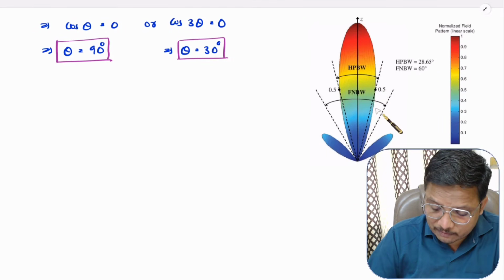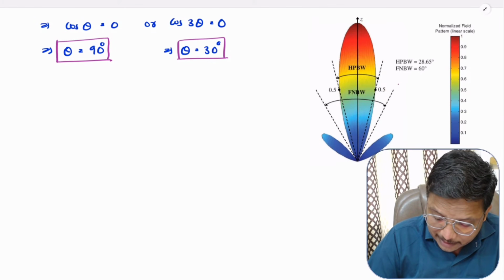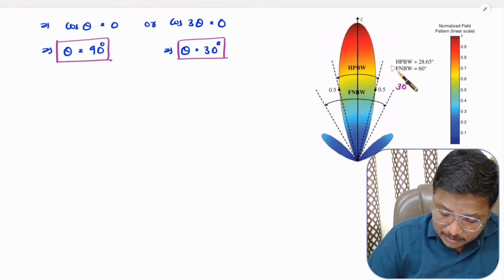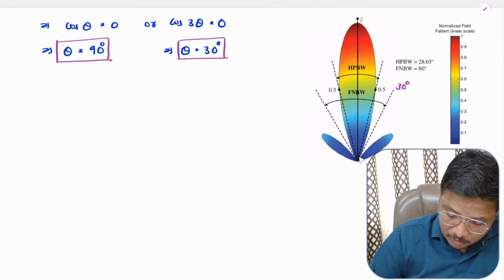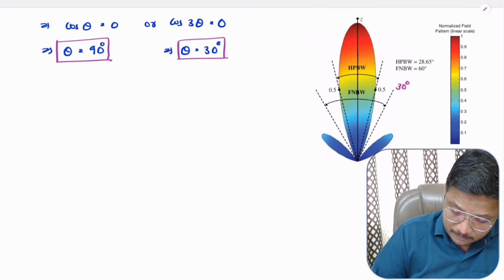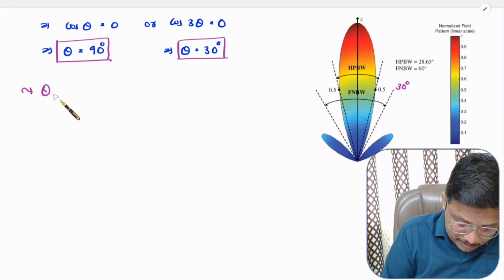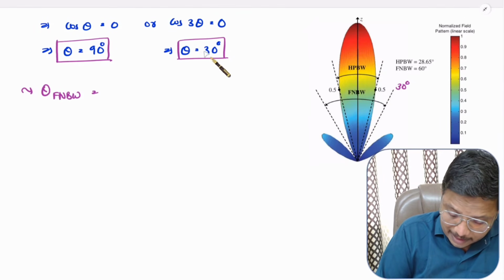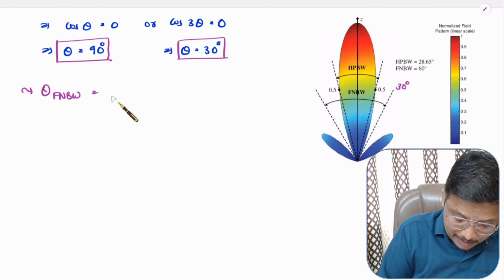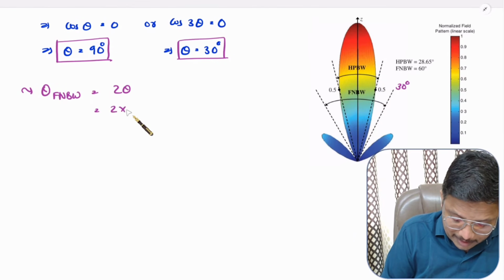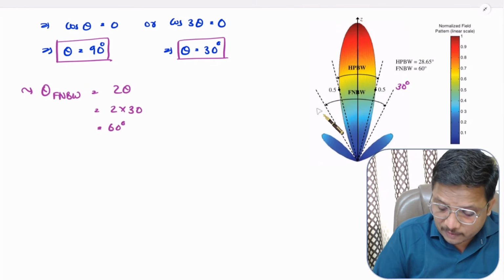Now here you see the first minima is happening at 30 degrees. Obviously over this side we will have minus 30 degrees. So what will be the first null beam width? The first null beam width will be this angle, 30 into 2, so that will be 60 degrees. That is how we can get the first null beam width.